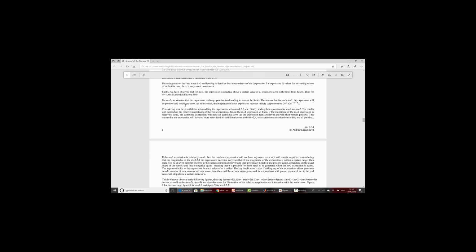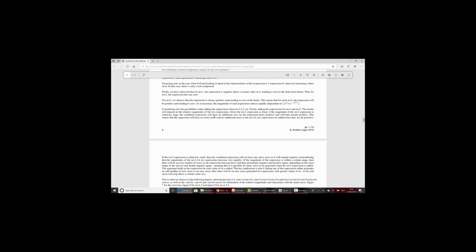Now, if we consider the possibilities when adding the expressions for m equals 1, 2 and 3, etc. Firstly, if we add m equals 1 and m equals 2, the results will depend on the relative magnitudes of the two expressions. Given the m equals 1 expression is fixed, if the magnitude of the m equals 2 expression is relatively large, the combined expression will have an additional 0 as the expression turns positive and then will remain positive.